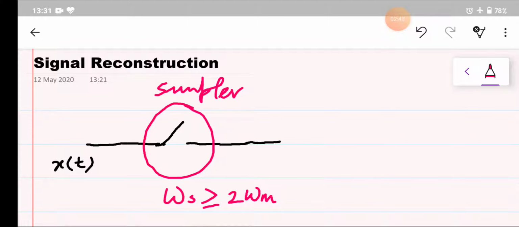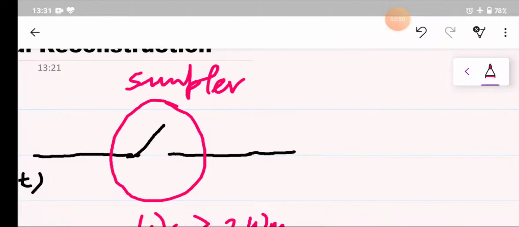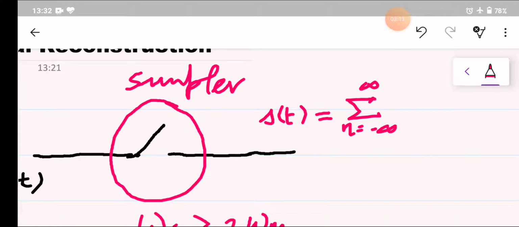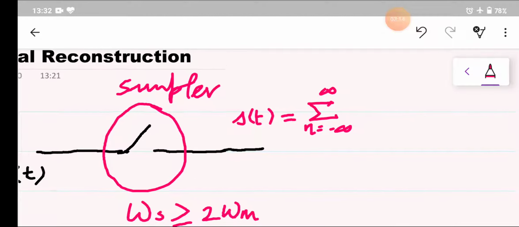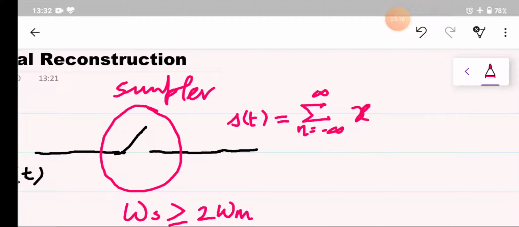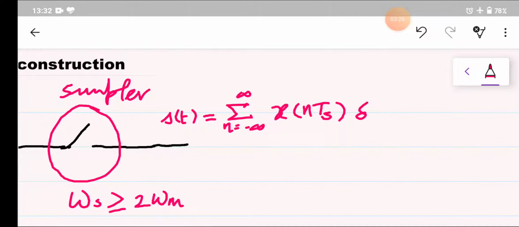So here you can see that the sampled signal s(t) is given by the sum over n from minus infinity to infinity of x(nTs), where Ts is the sampling time period, times delta(t minus nTs).